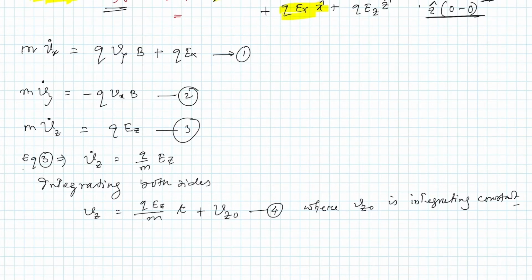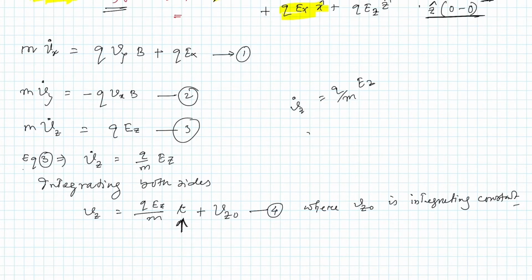Now where does this t come from? Let me explain in detail. Vz dot is equal to q by m Ez.